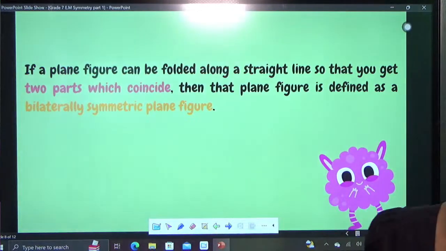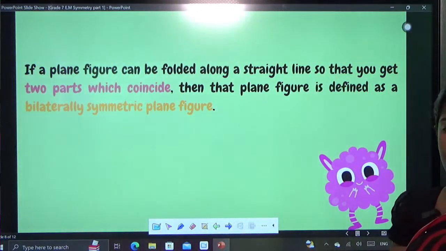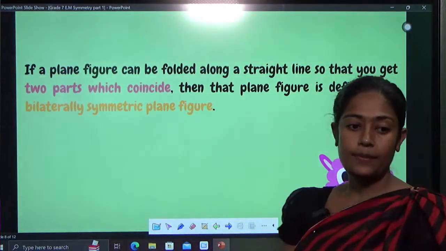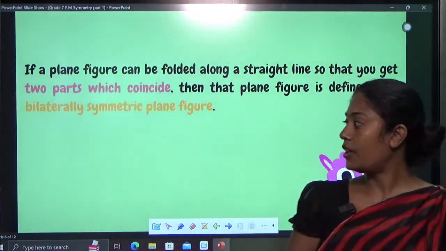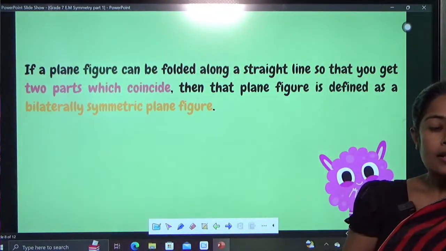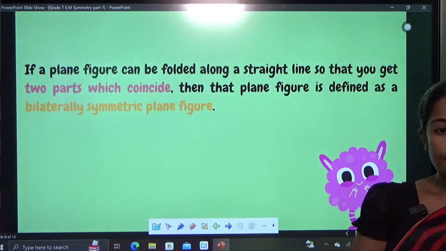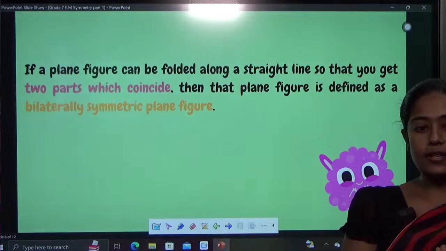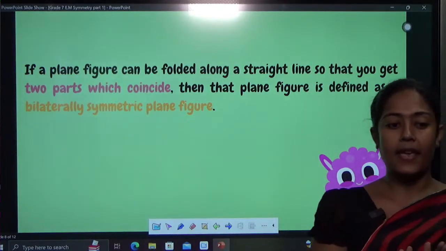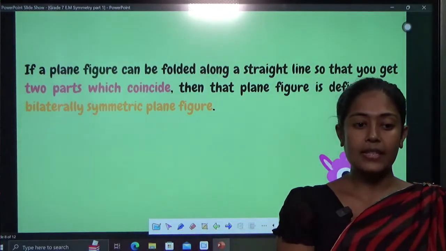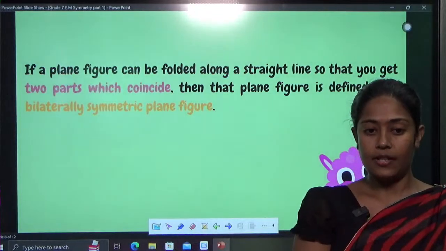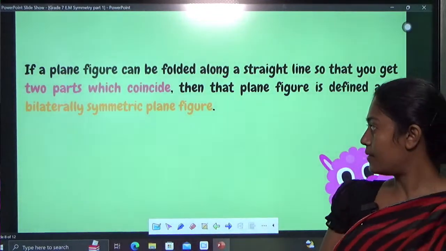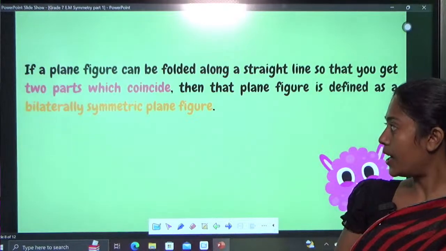Then that plane figure is defined as a bilaterally symmetric plane figure. So if you are getting 2 coinciding parts in any figure, we can call that a bilaterally symmetric plane figure. So you have to note down this one also in your writing book.